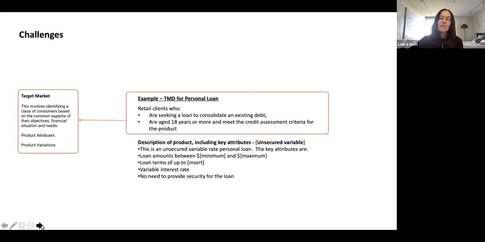And I'm going to step through this in an example later, but just to summarize, what we are seeing is that when you're setting that product, and that might be, say, a personal loan in this example, you have variations like it can be a fixed loan or a variable loan, but then also you'll have some attributes that may mean that you have a different customer segment and therefore a different target market.